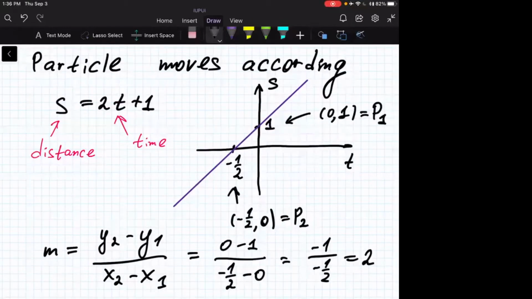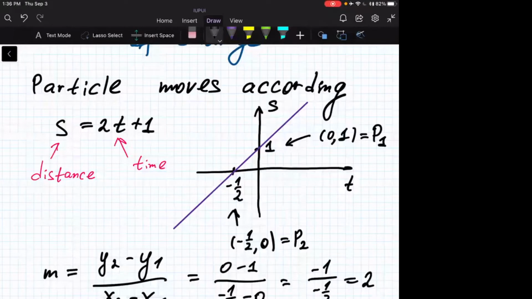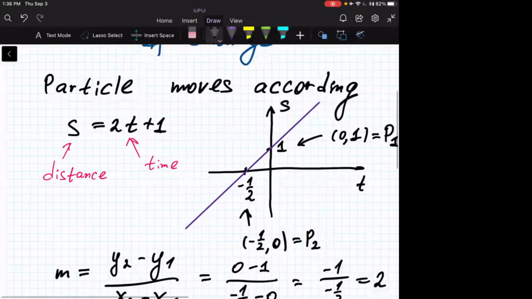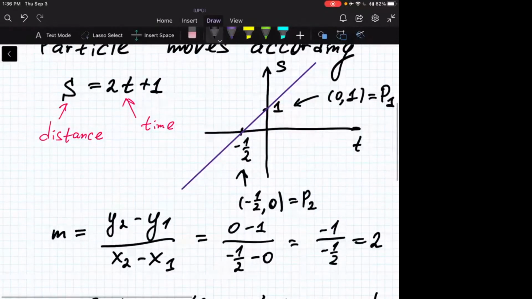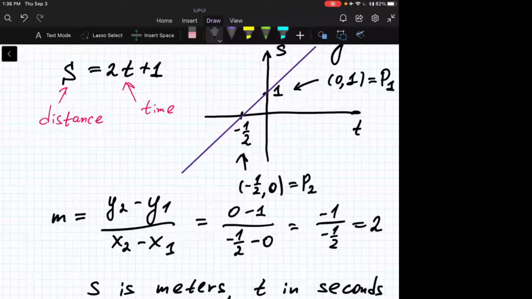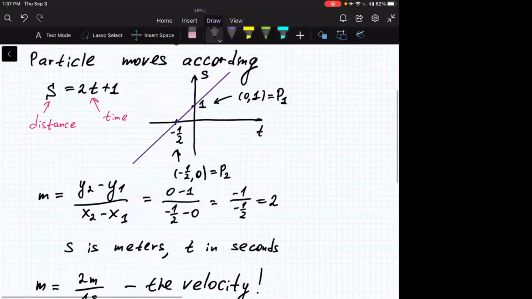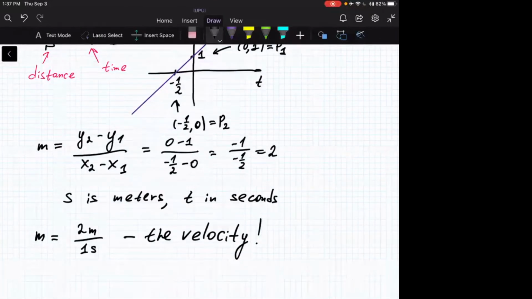So in the case when the particle is moving, when the equation of your distance is linear, so when your distance depends on time linearly, then you have a straight line and the slope has the meaning of the velocity.